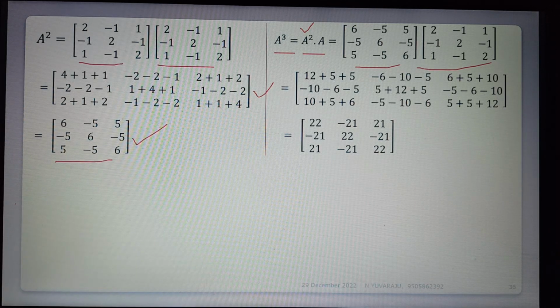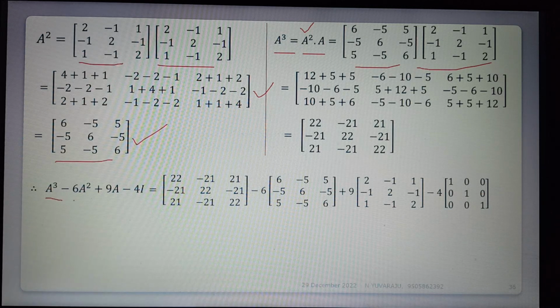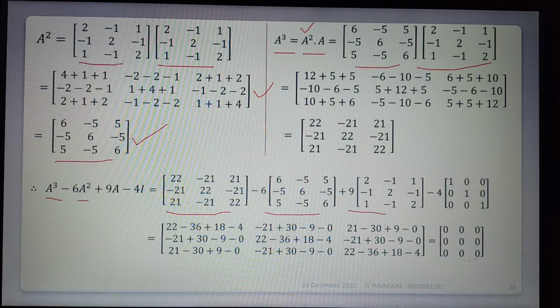So A cube, A square, A, I substituting in the LHS part of the equation. That is A cube minus 6 A square plus 9A minus 4I. This is A cube minus 6 into A square plus 9A minus 4 into I. So simplifying, all of it, here we get a 0 matrix.